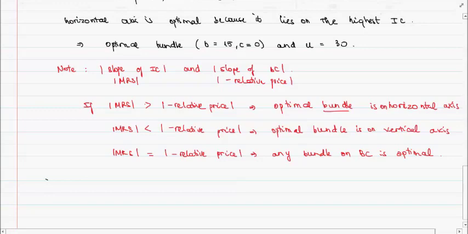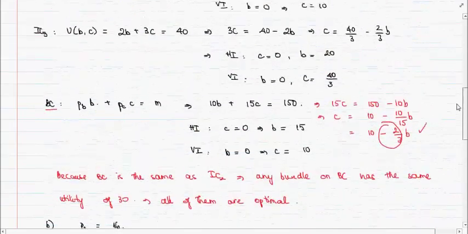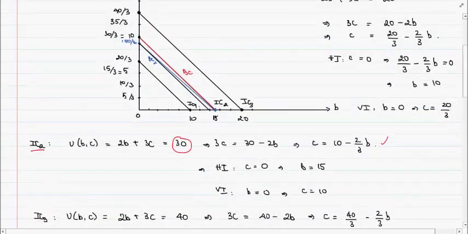Part C asks what the change is, to explain why there is no change in utility, and what we conclude about the income effect in this case. Looking back at our diagram, before the price change, the utility level at the optimal bundle is 30, and after the price change, the optimal bundle is still on the horizontal axis with the same utility of 30.